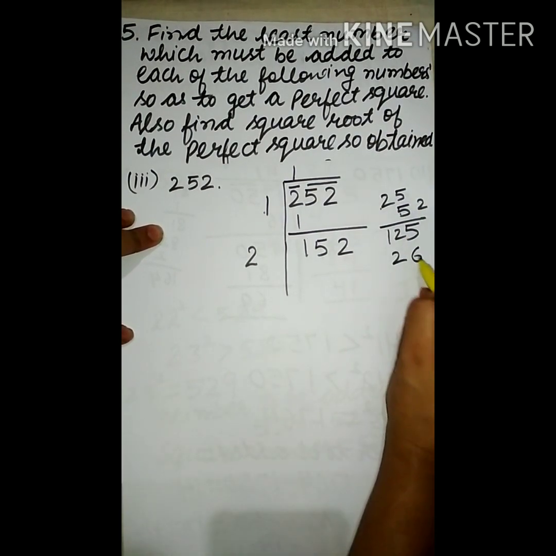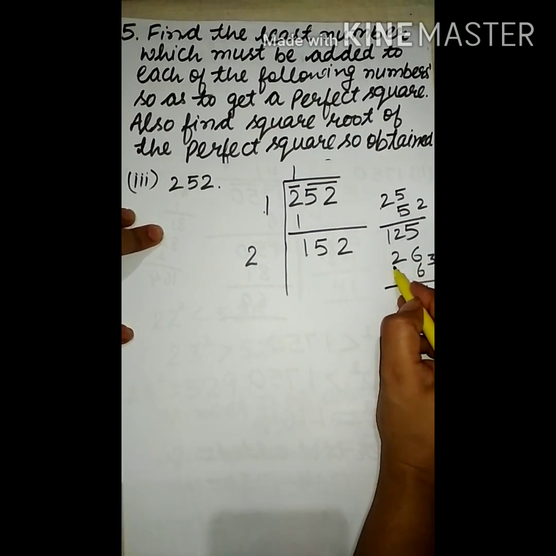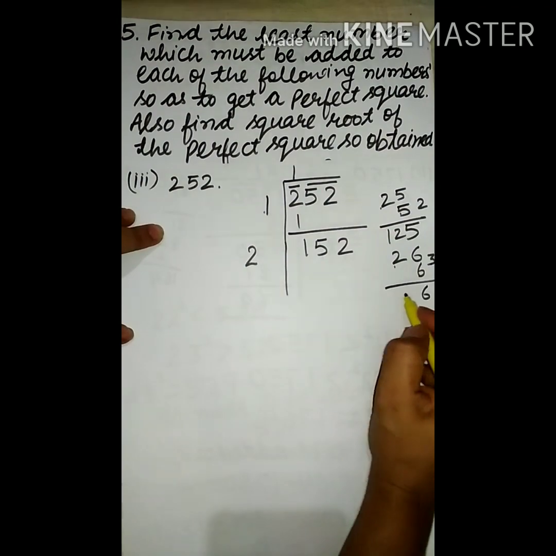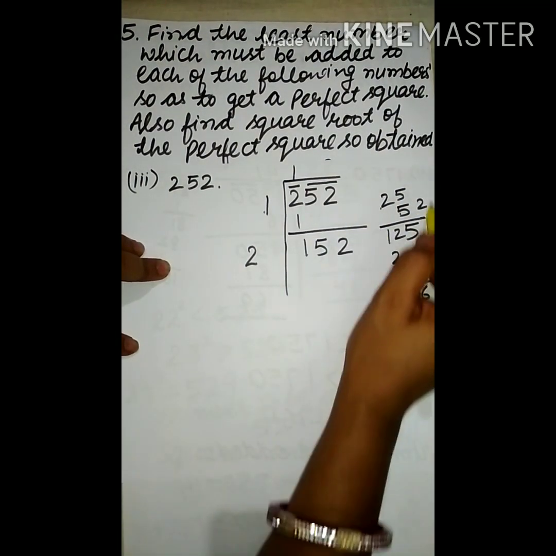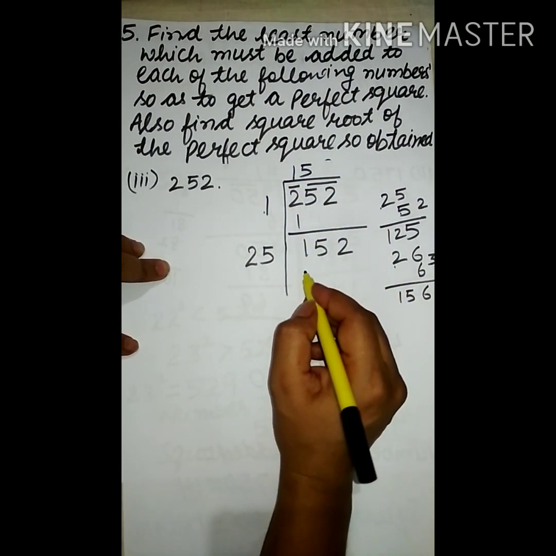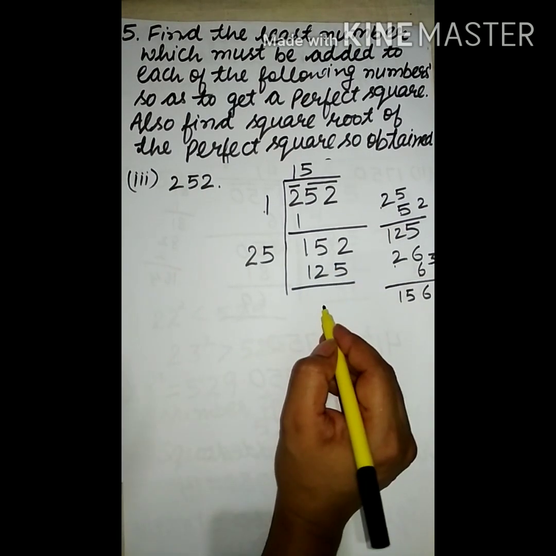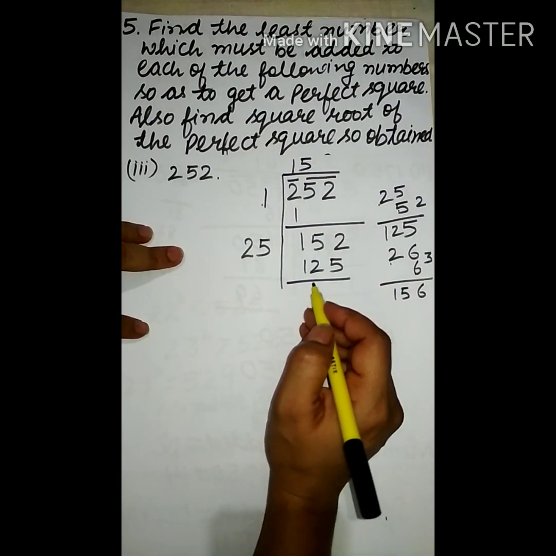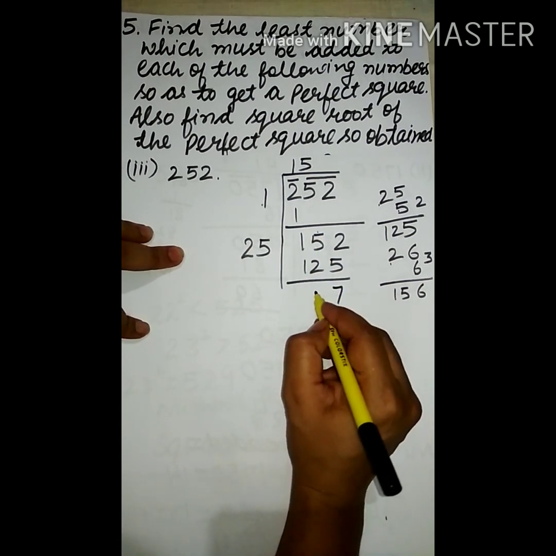Now check for 6. 6 sixes are 36, 6 twos are 12, 12 plus 3 is 15, 156. So I'll use here 5. So it is 5. It is 125. 12 minus 5 is 7. 4 minus 2 is 2.